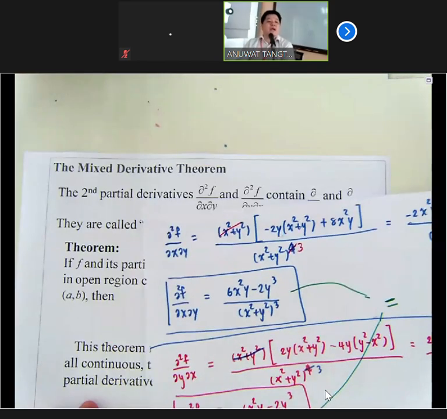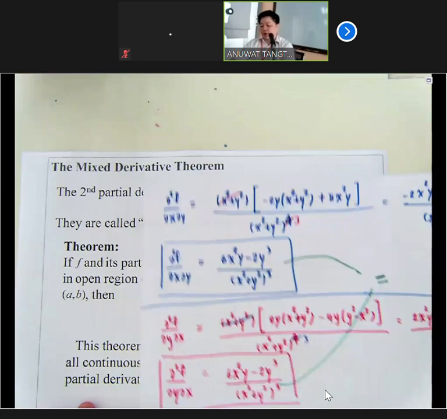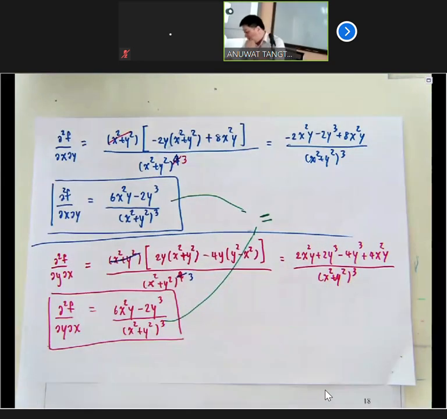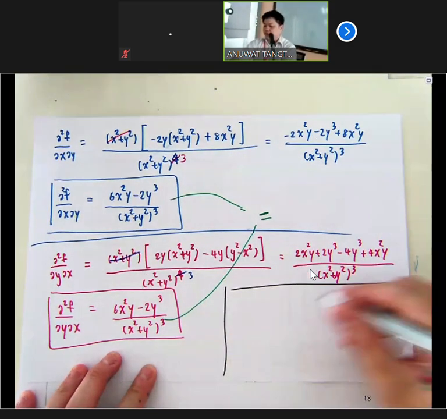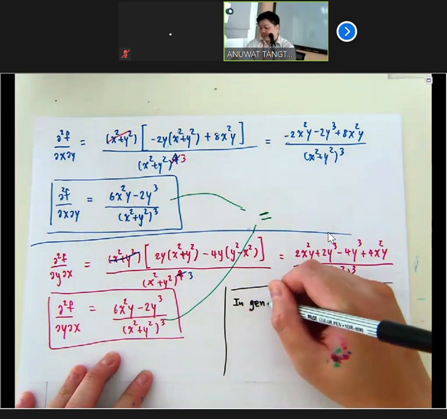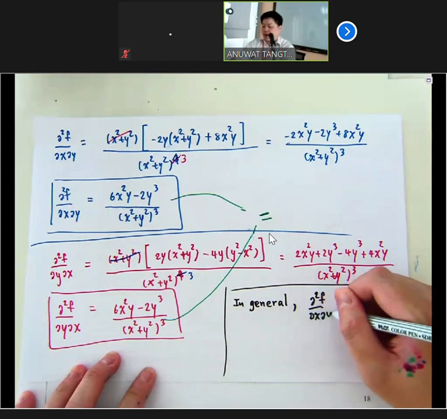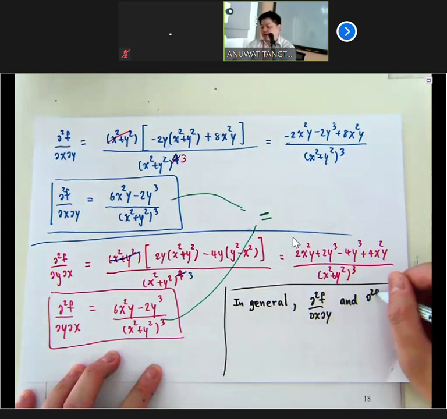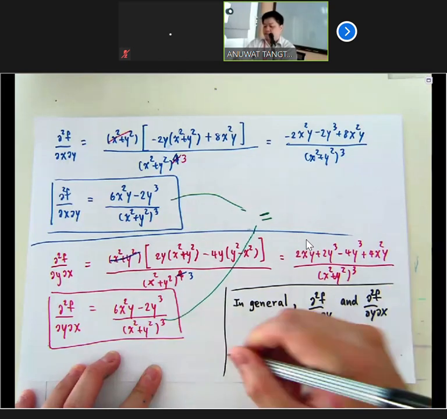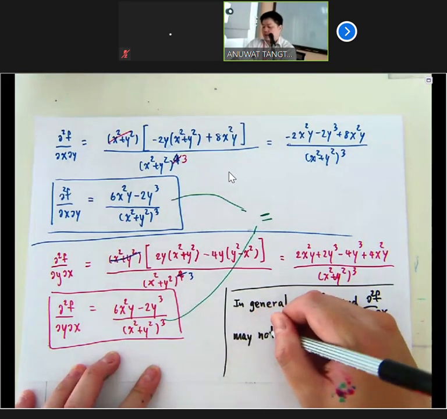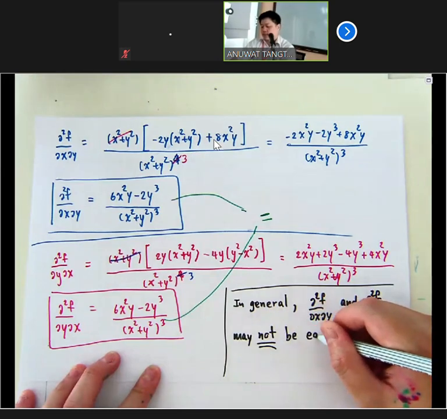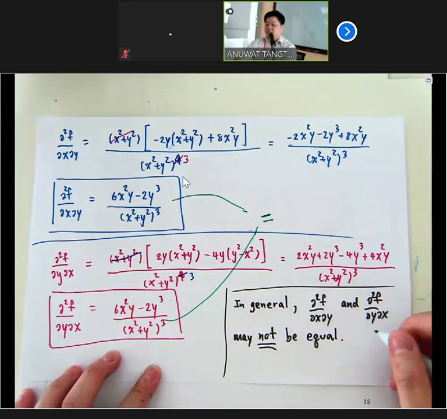Okay, so let's try to see. Let's write it down. Let's try to find somewhere to write it down. Okay, here. Note that in general, d square f by dx dy and d square f by dy dx may not be equal. You cannot guarantee that they are always equal.